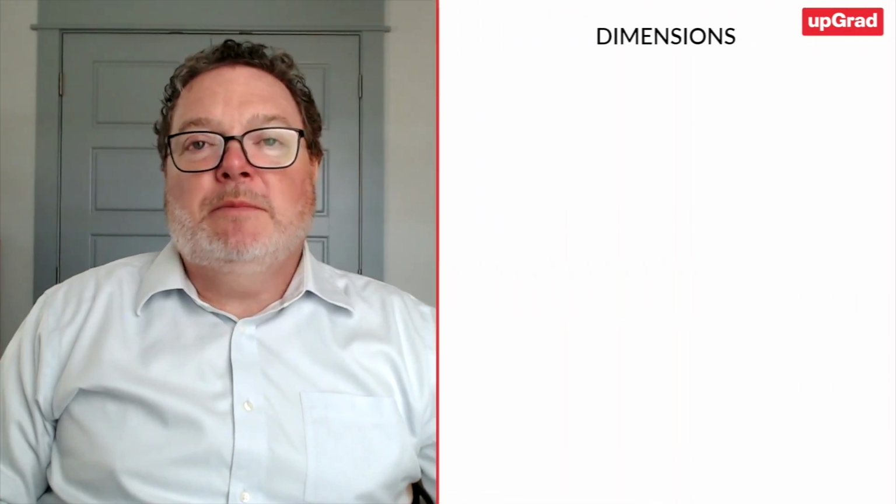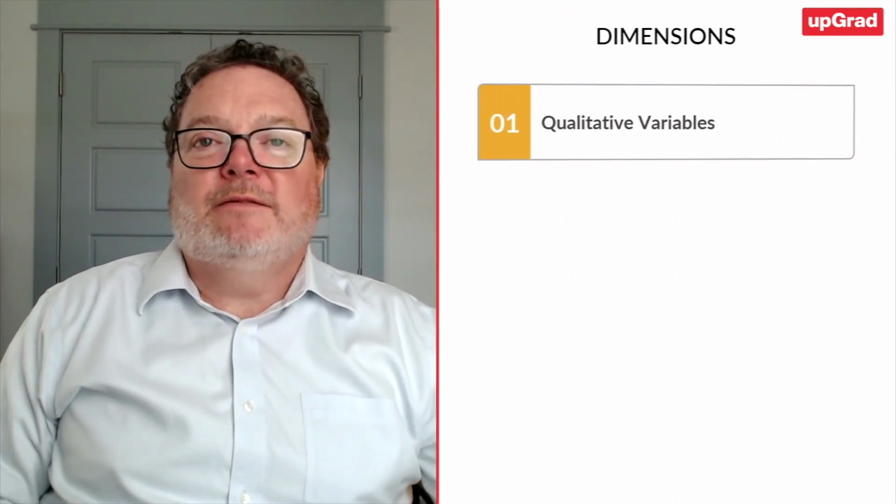Okay, now we're going to have to go back a little bit into theory to really help clarify some of the most confusing concepts in Tableau. First, we're going to talk about the concept of dimensions versus measures. Now, dimensions are qualitative variables.